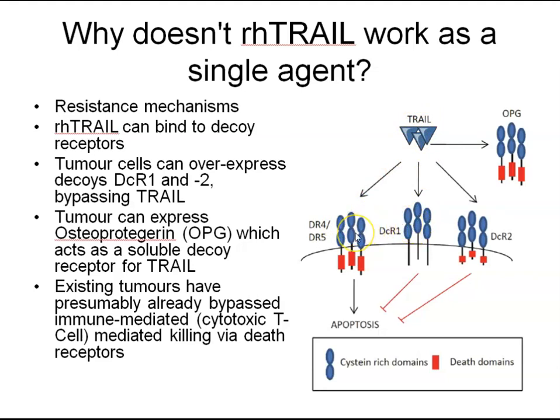If one of these sneaks in there, bound to TRAIL, that will prevent apoptotic signalling. There's also some controversial data on osteoprotegerin, which is a soluble decoy receptor for TRAIL. So it's thought that some cells can secrete osteoprotegerin, and that can cause a local attenuation of TRAIL responses.